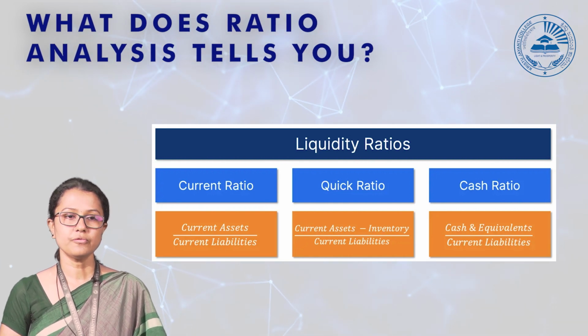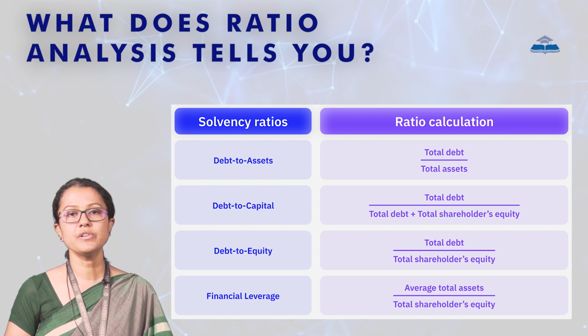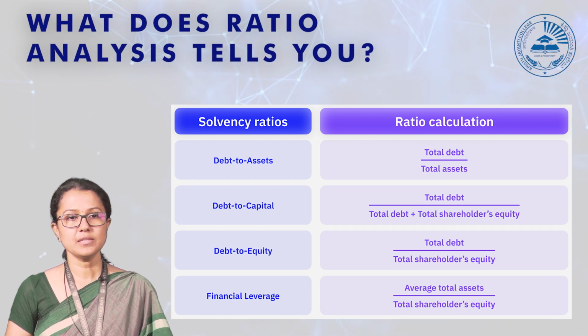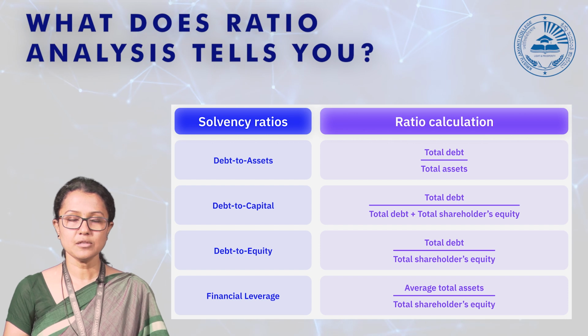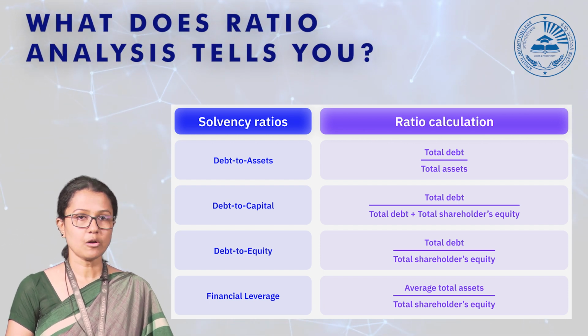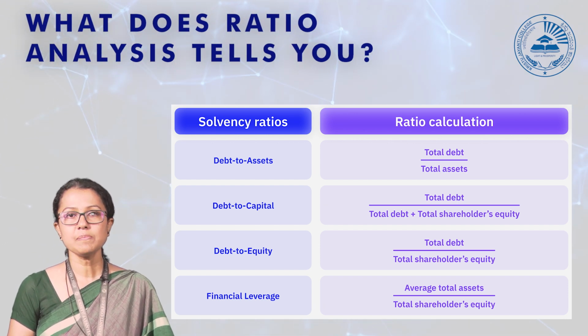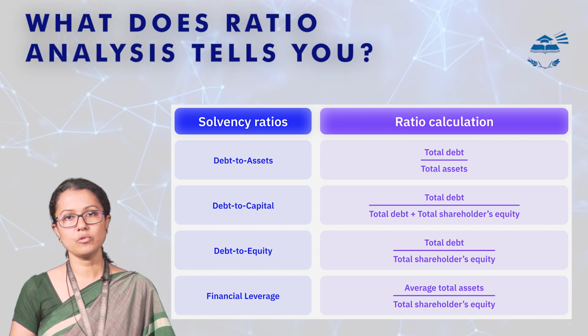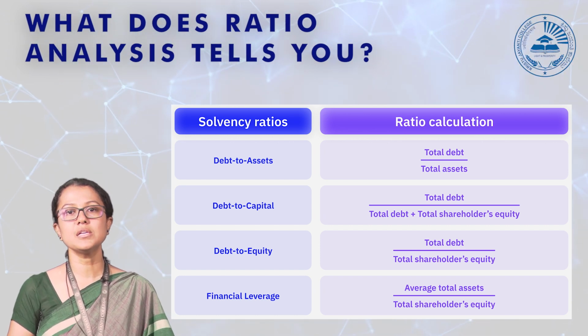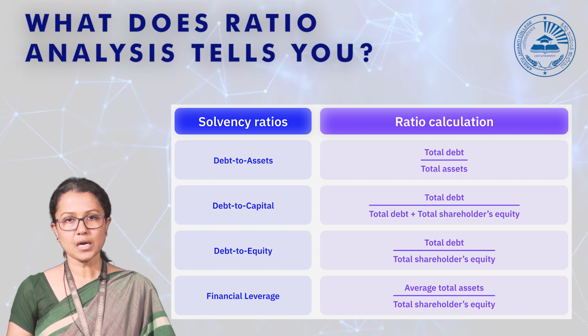Another benefit we get is profitability. By looking into the ratios, we can also identify the profitability, or the financial performance, of a company: how well the company has been doing its business for the past 5 years or in the current year. What is the scenario?